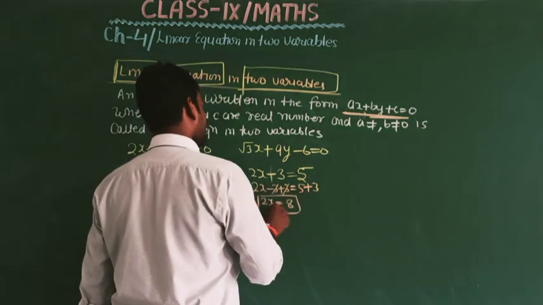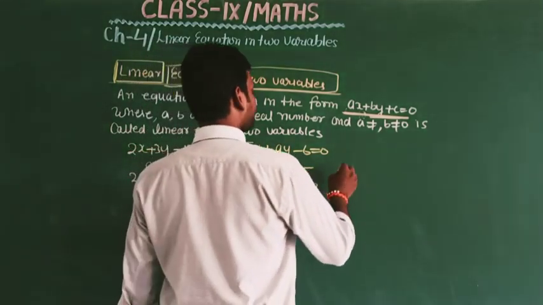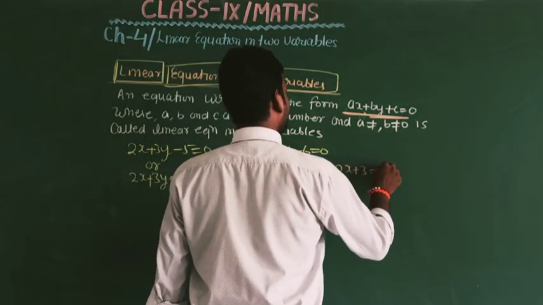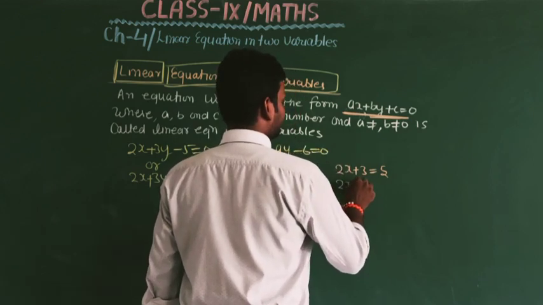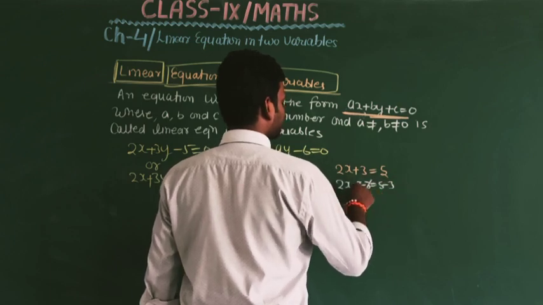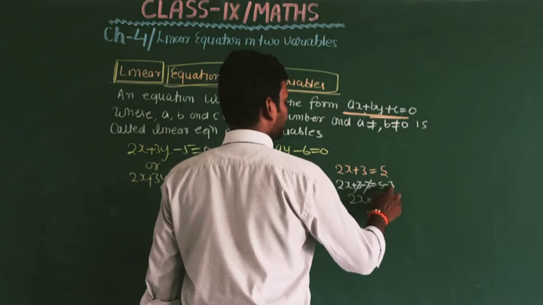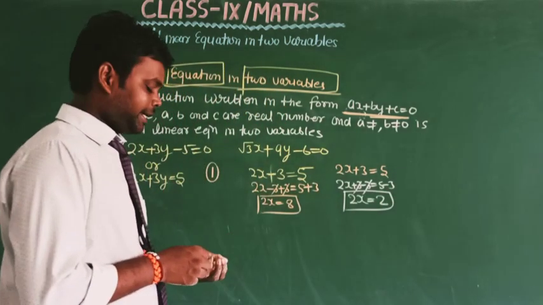Also, take 2x plus 3 equal to 5; it is not affected when subtracting the same number from both sides. Plus 3 and minus 3 cancel, and 2x equal to 5 minus 3, which is 2.